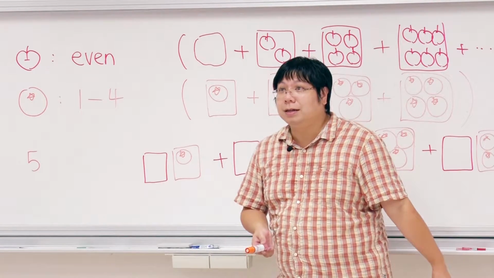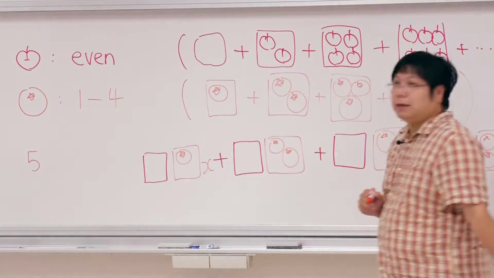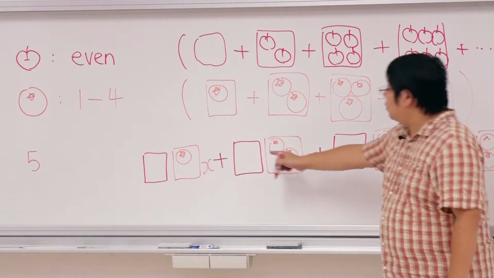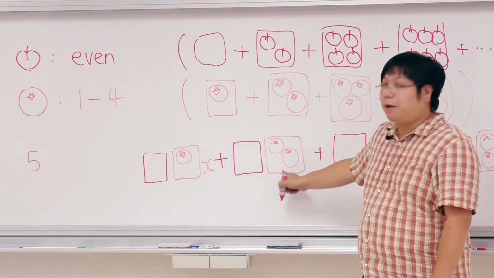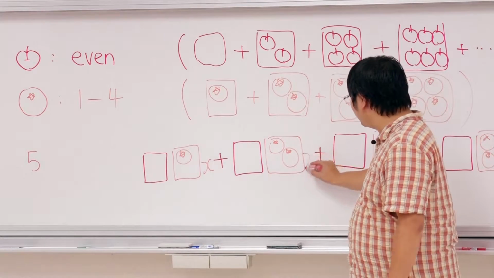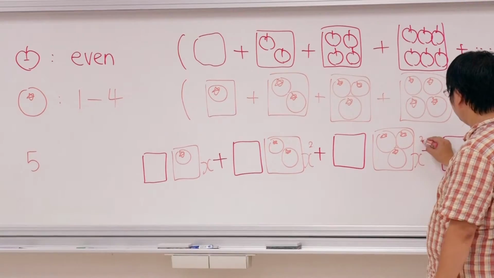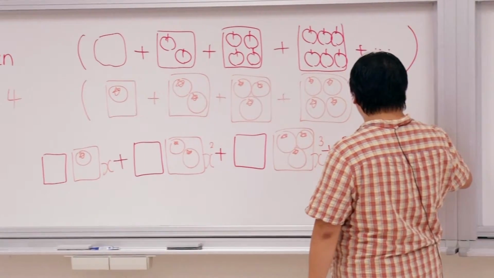Is that okay? So we will have an x here. Instead of no apple, 2 oranges, we will have no apple, 2 oranges times x squared. So we have an x squared here. This one, we have an x cubed here. This one, we have an x to the 4 here.